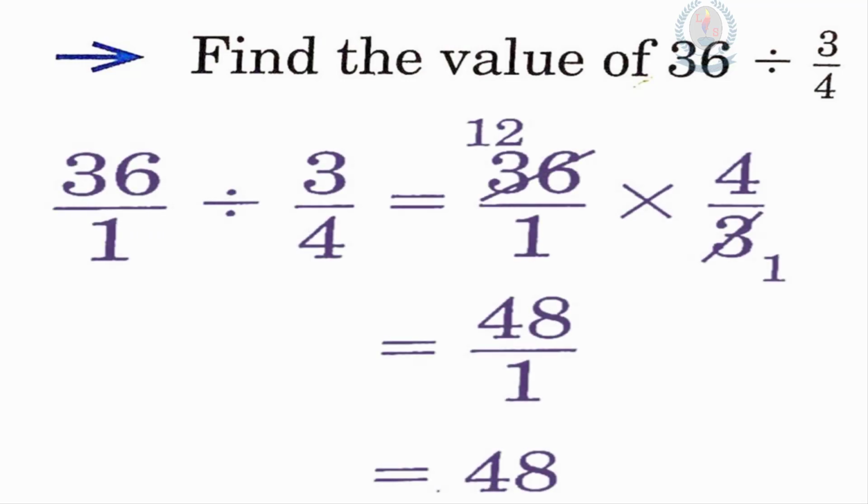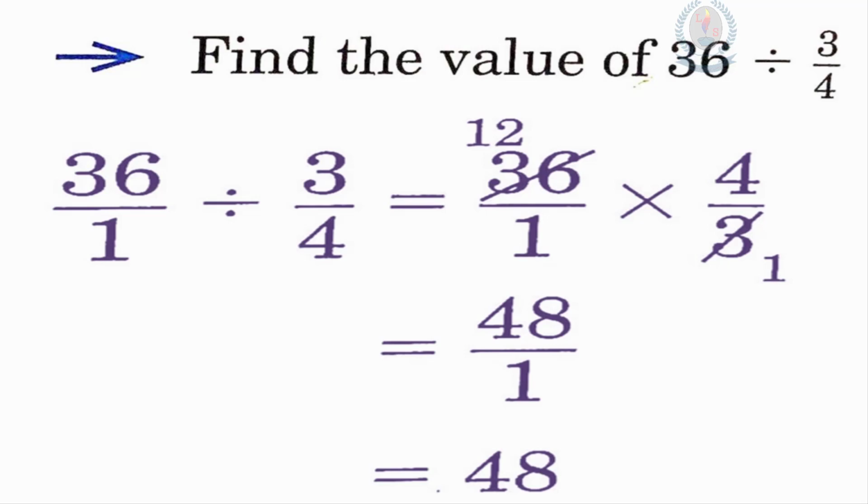Now here, the first number is 36. 36 is a whole number. So you have to change that into a fraction. So I have changed it as 36 by 1 divided by 3 by 4. As the rule mentioned, you have to turn the fraction upside down.